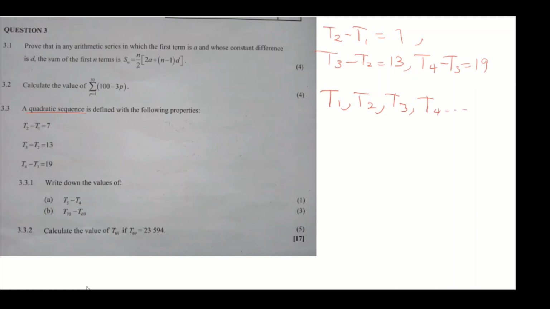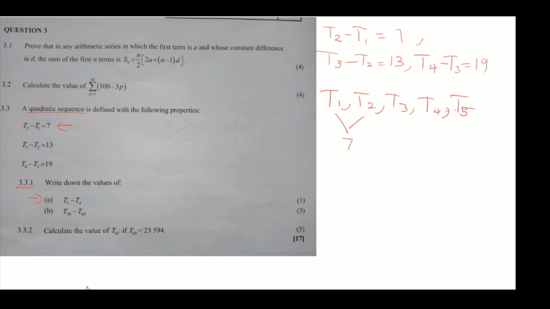Let's look at what is required for us to do. We have 3.3.1 in A. We are asked to determine the value of t5 minus t4. So t5 would be somewhere here. If you do the difference of these terms, t2 minus t1, as it was given, is 7, the first term of the first difference.